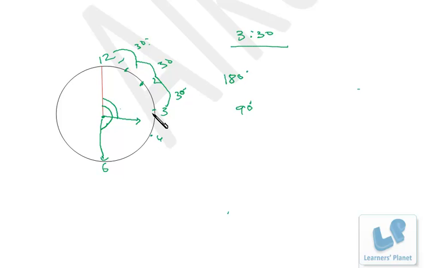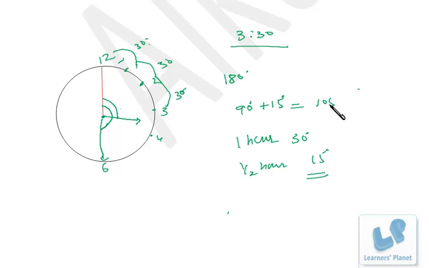After that it's 3:30, that means half an hour more. So in 1 hour 30 degrees, that means in half an hour it will move half of 30 degrees, that's 15 degrees. Getting my point? In 1 hour it is moving 30 degrees, so in half an hour it will move 15 degrees. So till 3, 90 degrees, and from 3 to 3:30 it will further move 15 degrees.